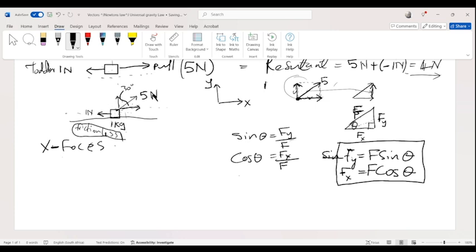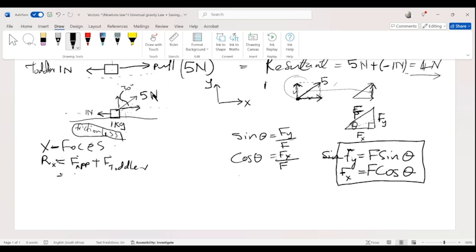What we know is that the resultant force will be the x component of the applied force 5, plus the force of the toddler.